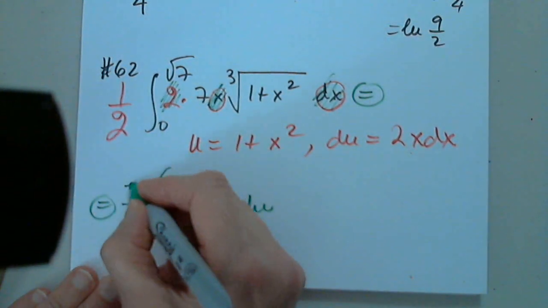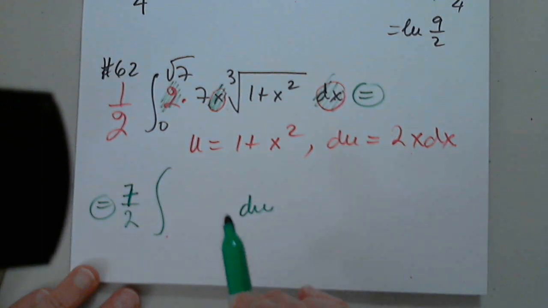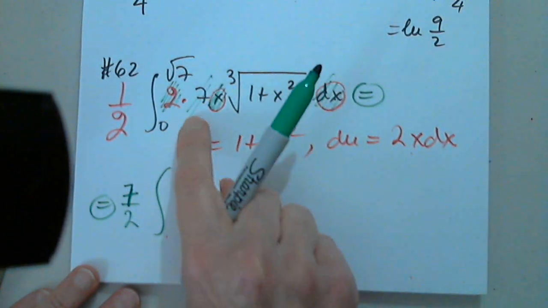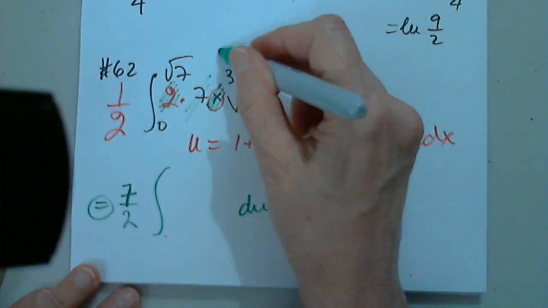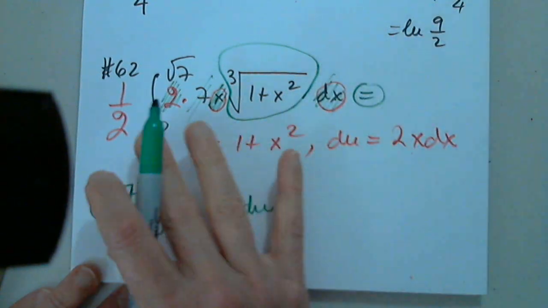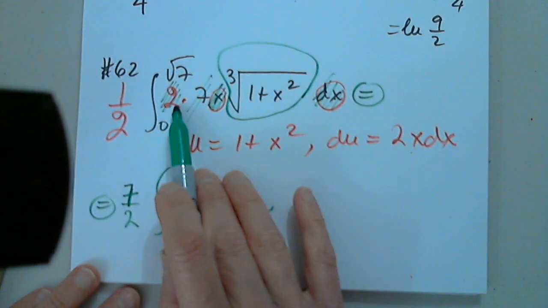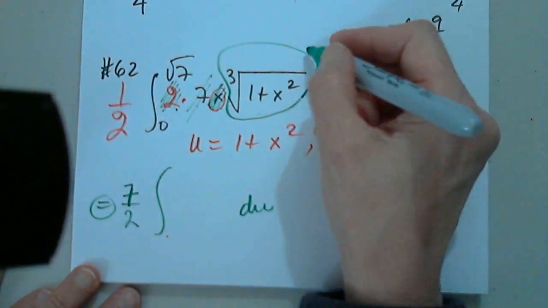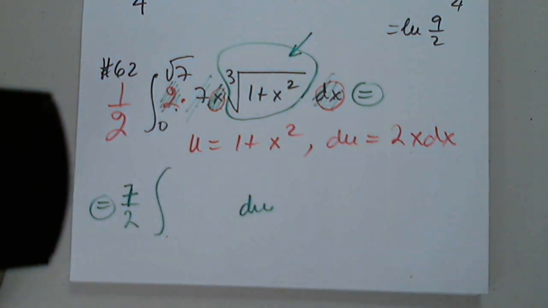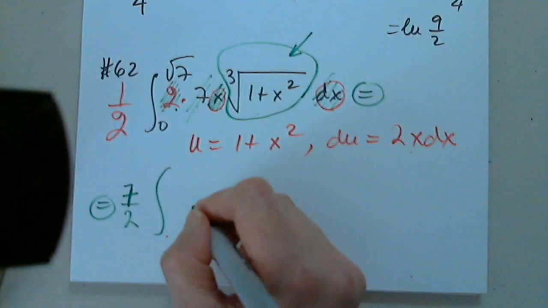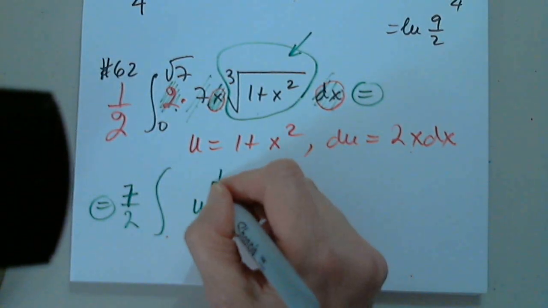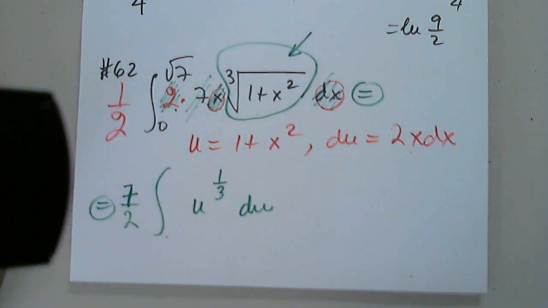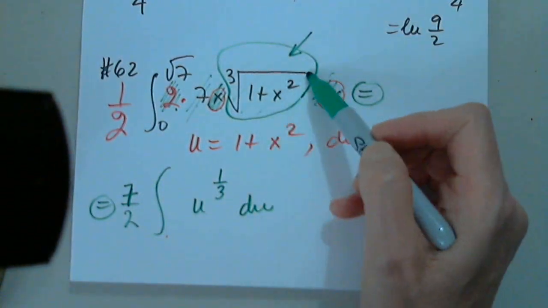The 7 will go outside, and this is done and taken care of. What do I replace this by? Everything else is taken into account. This is outside. Just this is the only piece. u to 1/3. Awesome. So now this is accounted for.